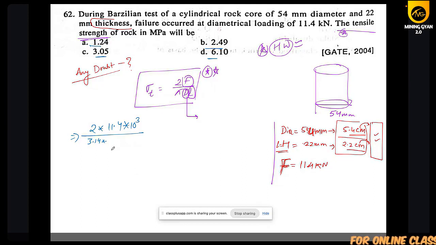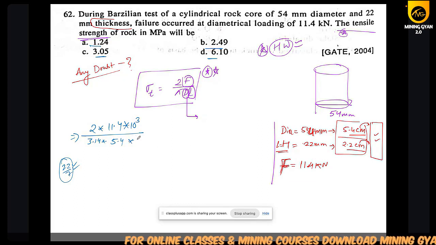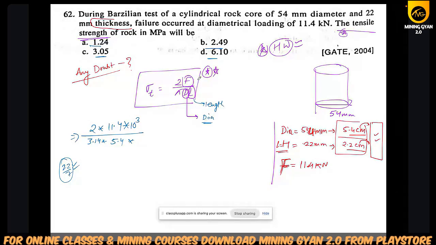Then D, diameter we will take 5.4, because it's in centimeter. And L is the length, this is dia, and this is force or load. So what was the 2.2? This is in centimeter.